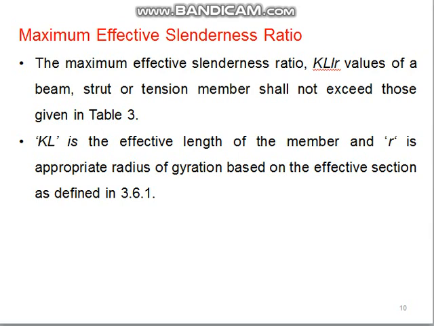Theoretically, there is no limitation on the slenderness ratio of a tension member since stability is of little concern. But in many situations, it is good practice to limit the slenderness of tension members.